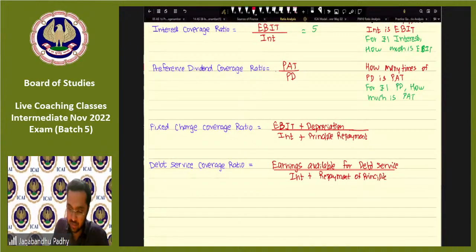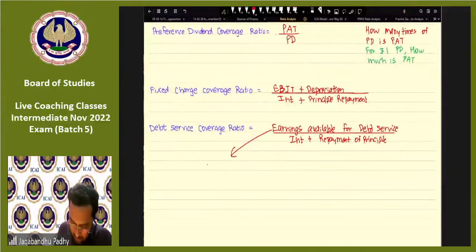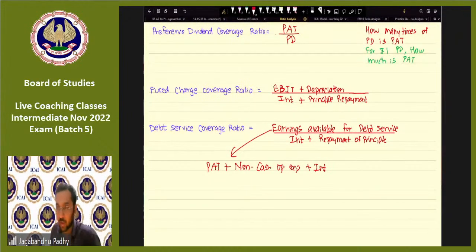So what are the earnings that we have available for debt service? We'll start with PAT. On that, we will add back non-cash operating expenses. Also add back any interest. So that will give you the earnings available for debt service.